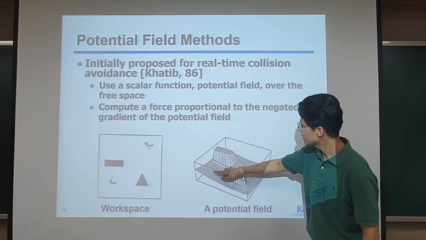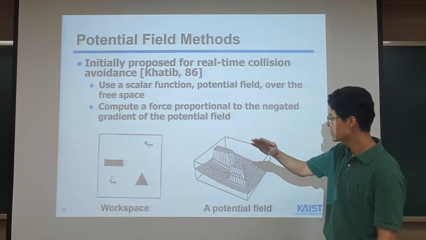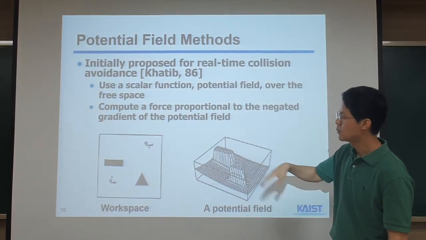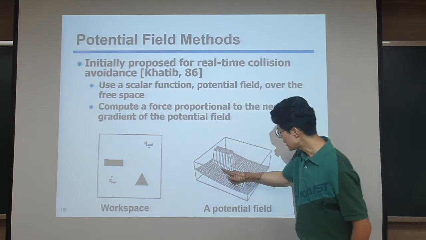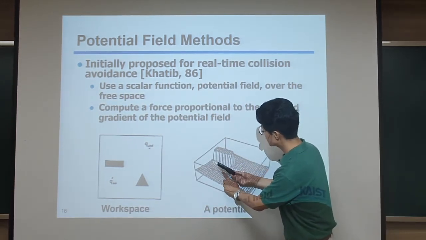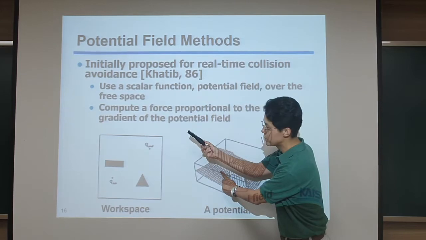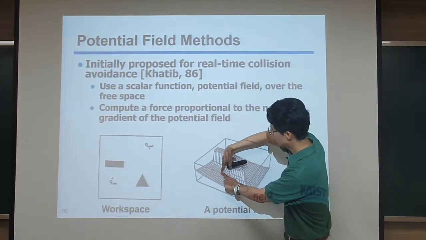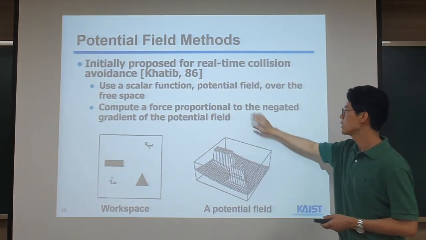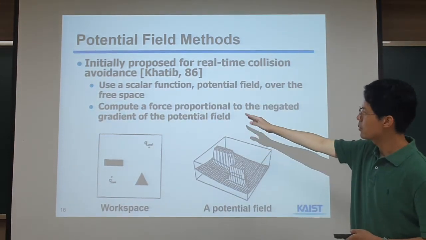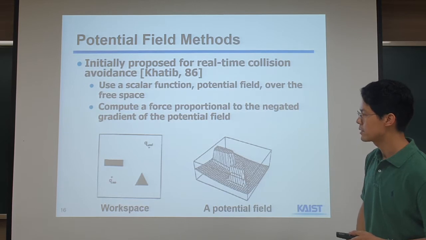So at that point, we get some sort of gradient, right? And then we take the gradient to generate the force that pushes the robot. The gradient is generated along that direction, right? If you negate it, then we can push the robot downwards to reach the goal. That's why we compute the force proportional to the negated gradient of the potential field.